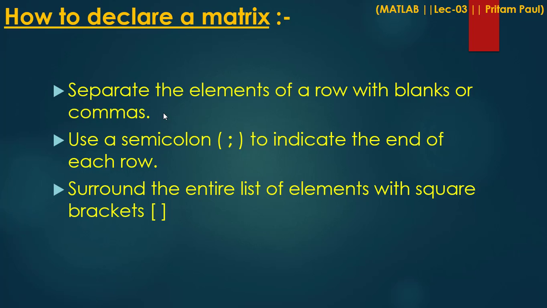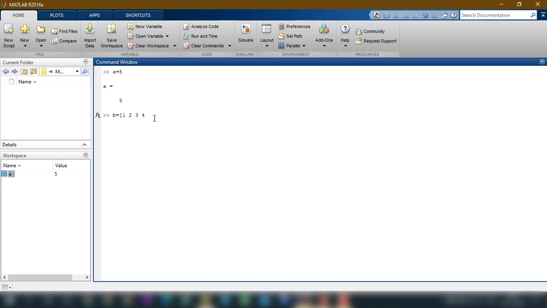Now after that, put a semicolon and go into another row, and after that 5 6 7 8, there are 4 elements. I want to make a 3 by 4 matrix, where there will be 3 rows and 4 columns, and after that another semicolon, and I can say 9 0 1 2. After that, close the bracket and press enter.